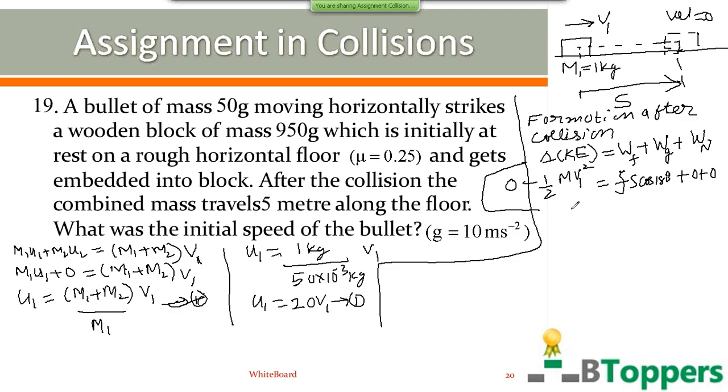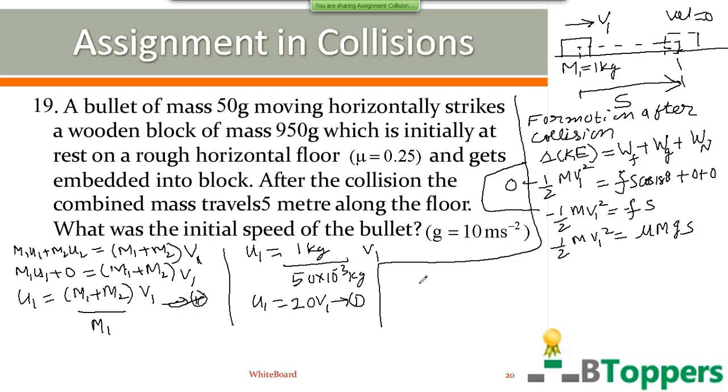So magnitude of friction acting on the combined mass, you can write, product of coefficient of friction into magnitude of normal reaction. The magnitude of the normal reaction can be taken as equal to the weight mg of the block. So magnitude of friction, you can write mu mg.